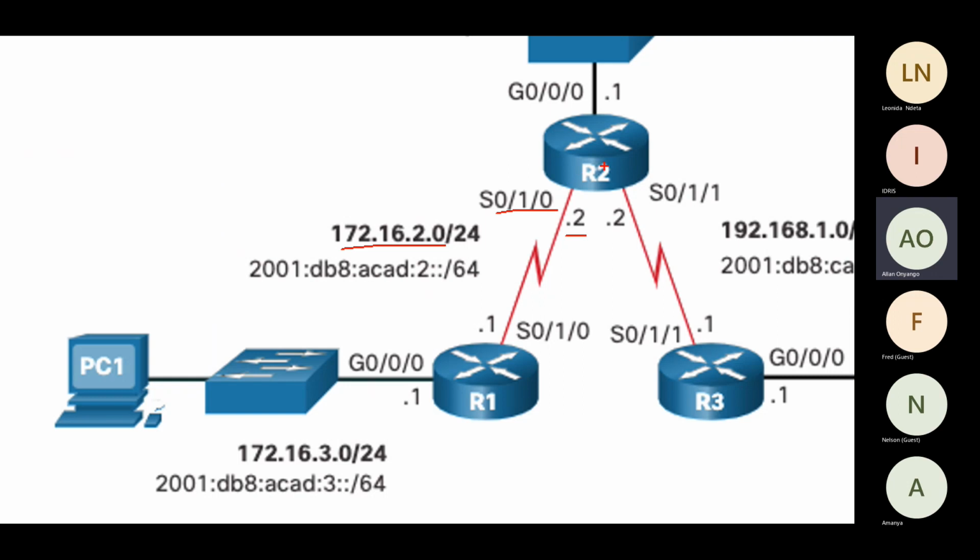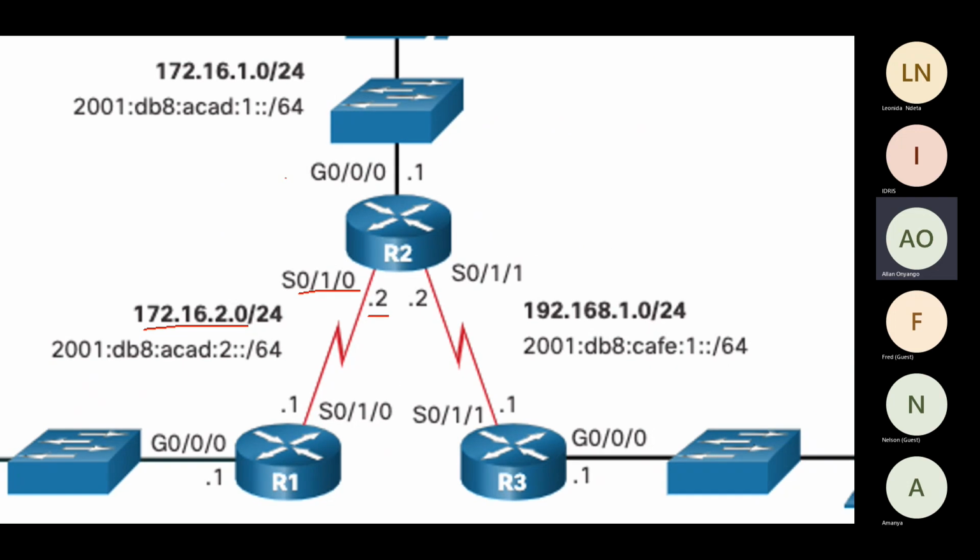Very important, guys. So for R1 to send a message to the LAN of R2 or to the LAN of R3, R1 needs to know either of these things.